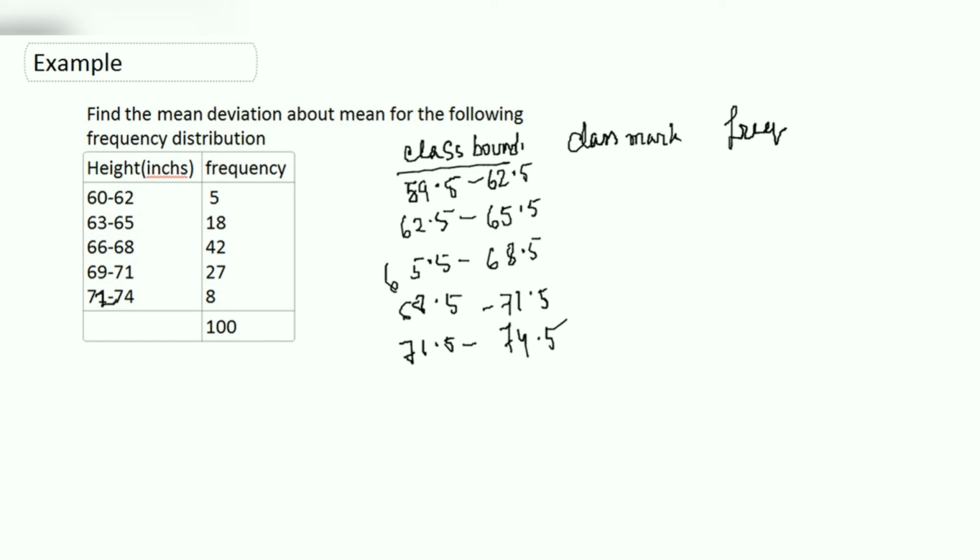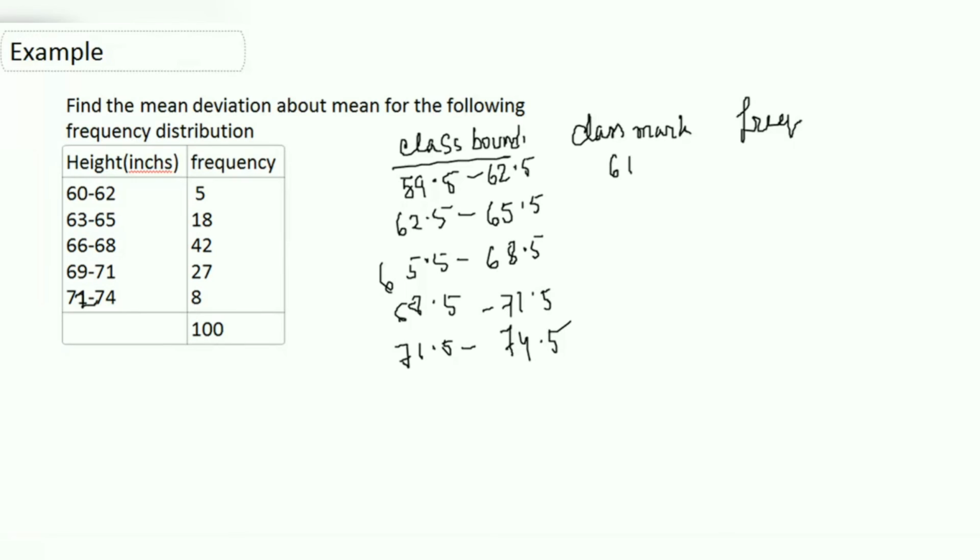The class marks are 61, 64, 67, 70 and 73, and the corresponding frequencies are 5, 18, 42, 27, 8, and the total frequency is 100.